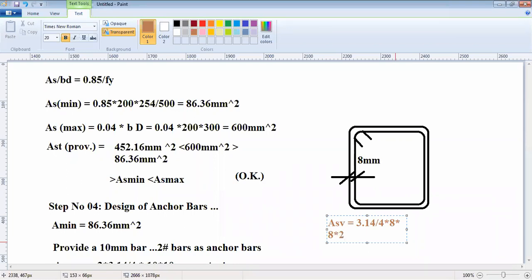The area of each leg, its cross-sectional area, is 3.14 by 4 into 8 square. Now there are 2 legs, so into 2 comes, so it will be 100.48 mm square.